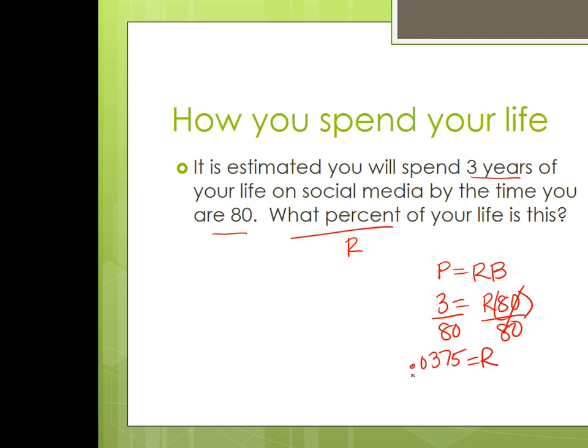And then if I want this as a percent, I can move it over twice. So 3.75% of your life will be spent on social media. It's quite a use of your time.